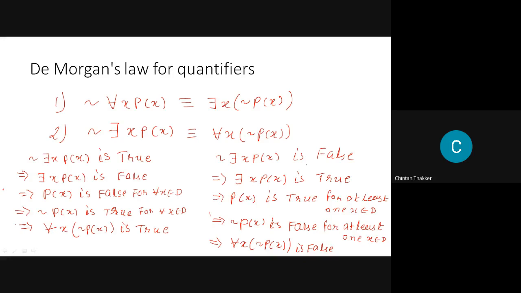Okay. So in our first step, here we use the negation statement. This is false, so this is true. Then we use the definition of there exists x Px.